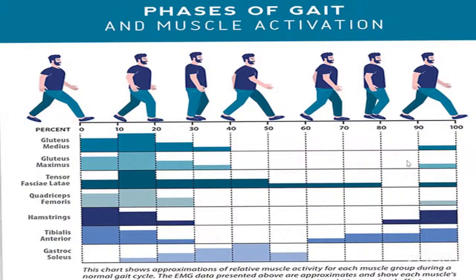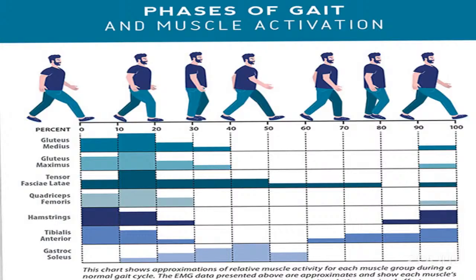So here is still the allocation, but concentrating on the lower limb alone, we could see what muscles are involved. At initial contact, we have the gluteus medius up to 40% of the gait cycle. That means targeting the gluteus medius at the hip will help a lot in managing your gait cycle.